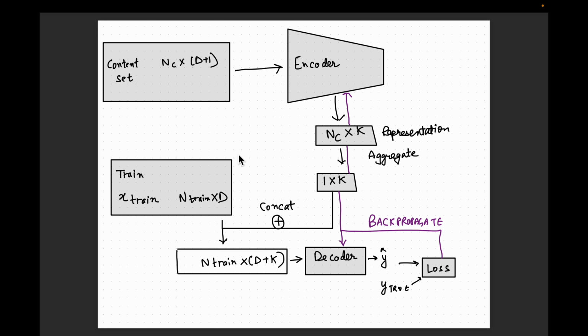The context set means XY pairs. For a new task, if you don't have context, you are helpless. You need to have some small context set available for a new task. That is the whole formulation here. We will always assume some context is available, because without the context, you cannot make a prediction for that specific task.